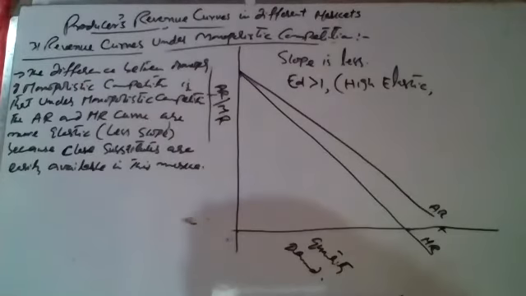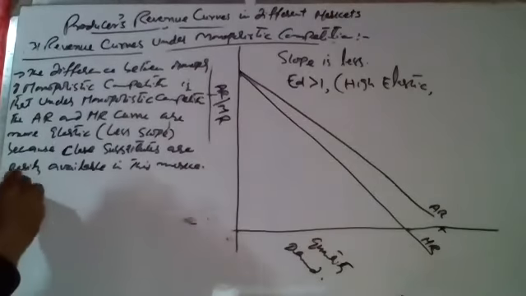Is this okay? Close substitutes, because in monopolistic competition the goods have close substitutes. Close substitutes of goods are easily available.